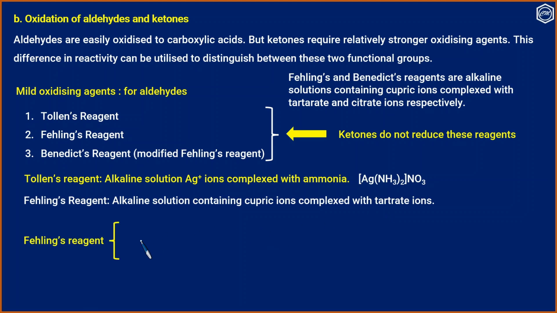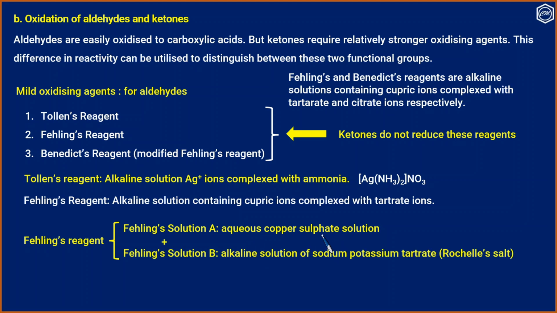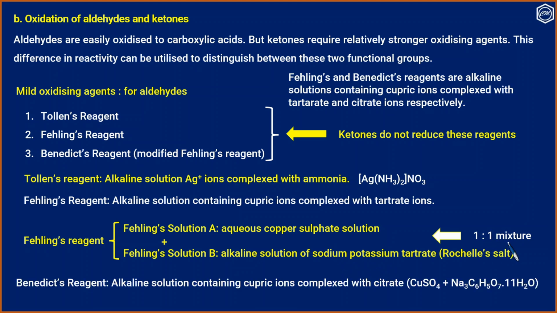Fehling's reagent consists of Fehling solution A, which is aqueous copper sulfate solution, and Fehling solution B, which is an alkaline solution of sodium potassium tartrate. These two are taken as a 1:1 mixture. Benedict's reagent is an alkaline solution containing cupric ions complexed with citrate, that is copper sulfate plus sodium citrate.